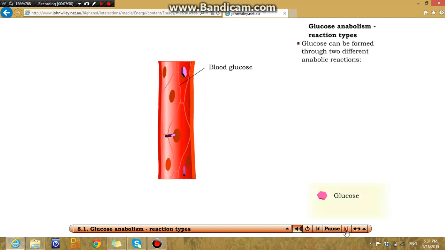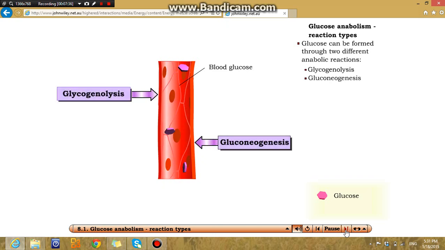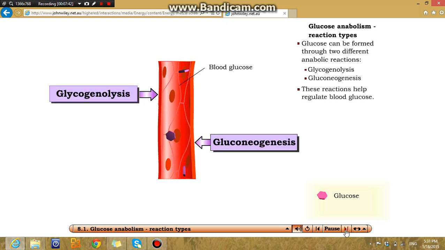Glucose can be formed through 2 different anabolic reactions, glycogenolysis and gluconeogenesis. These reactions help to regulate blood glucose.